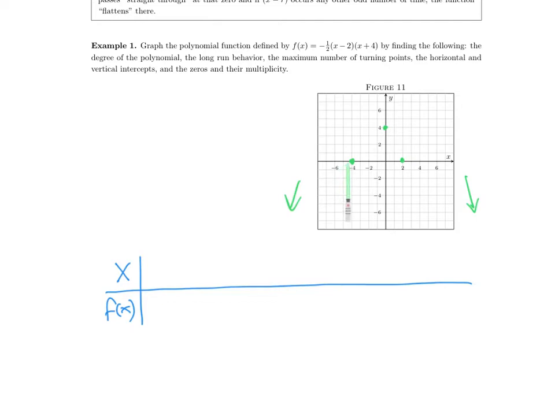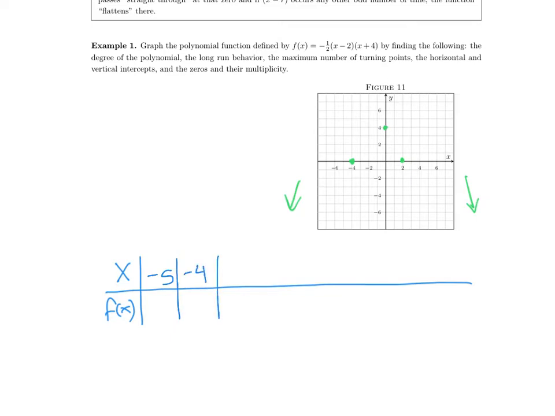I'm going to be looking for x values on either side of your x-intercepts. I'll look for negative 5 just to see the steepness, and I'm going to look for negative 2, positive 3 on the outside here. But I'm also going to want all of the whole numbers in between those intercepts. So we're going to start at negative 5 because that is to the left of our x-intercept at negative 4.